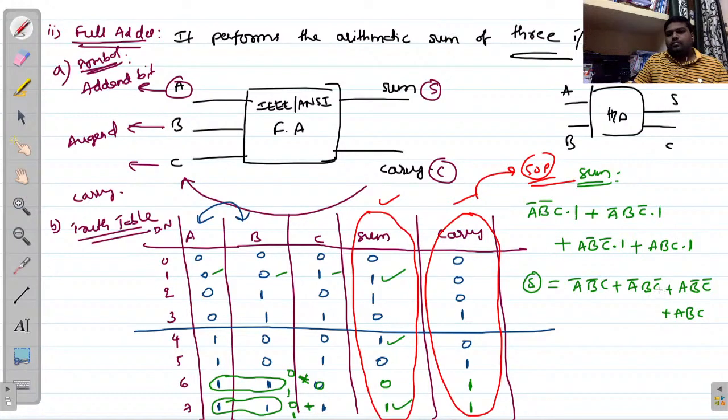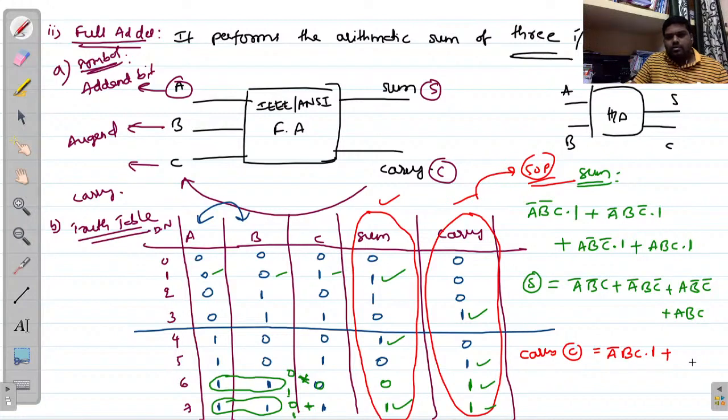Now, you can leave it, and you can take carry. So here we have 1 1 1 1, right? So for this carry, you can write for this one. What are the combinations? A bar, b, c into 1 plus, and the next one is what?